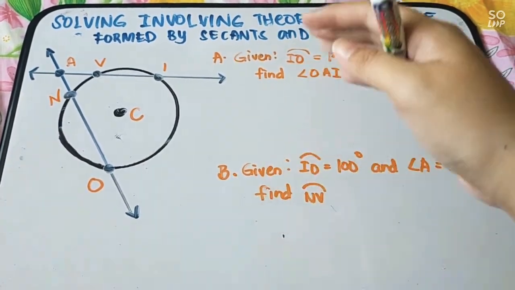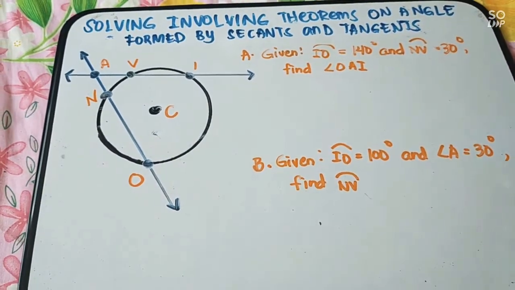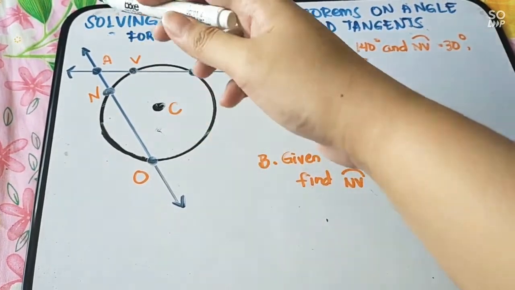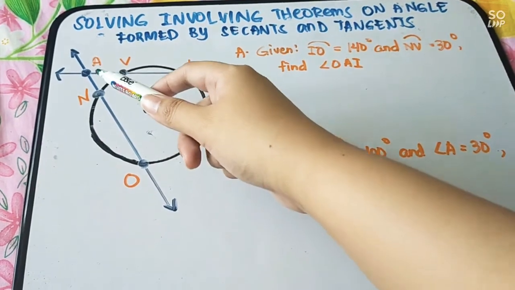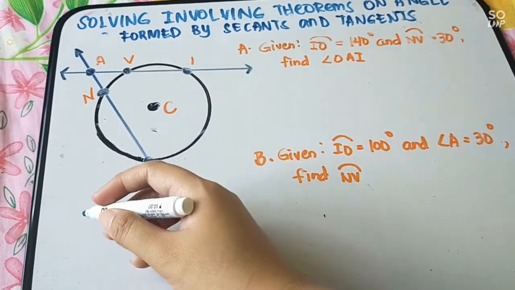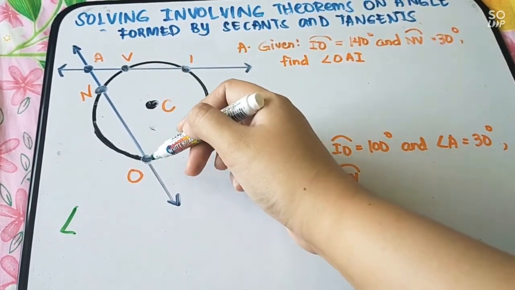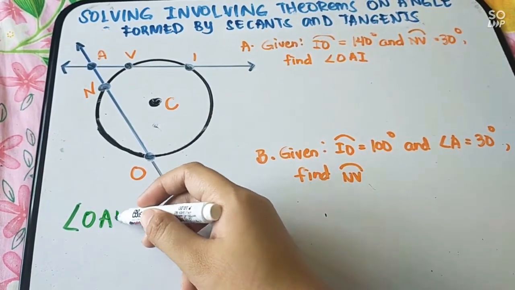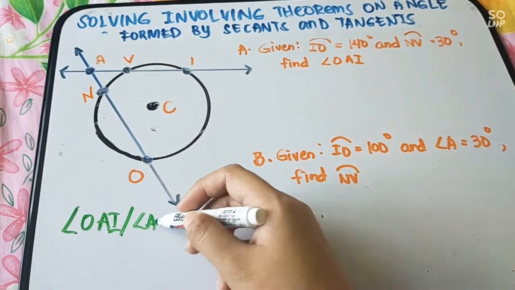So, bago natin sila i-find, let us create the formula in this circle. So, since this circle formed by 2 secant, okay, and then exterior point ay nasa labas, so, ito yung theorem number 1. Okay? So, we have angle, si OAI, o kaya si angle A, pwede rin niyang angle A lang. Ayan.